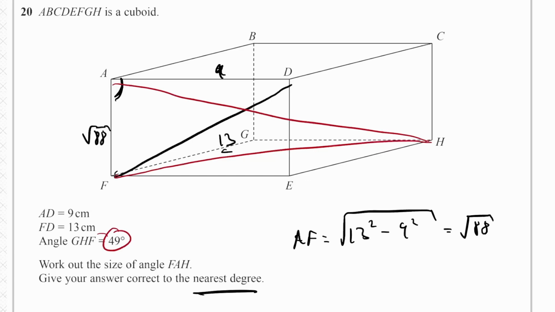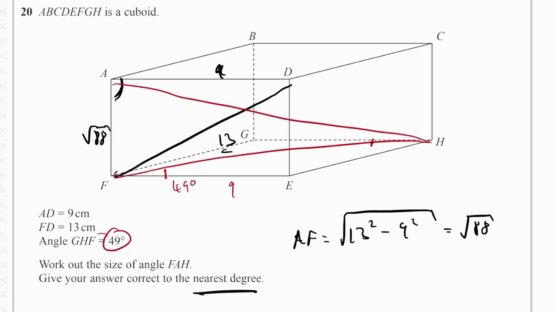If you plot GHF, G to H to F is going to be this angle over here. Then we can drop down, there's 9 centimeters over here to FE, and using our similar angles, we can see that this is also going to be equal to 49 degrees. These are opposite angles, or alternate angles.